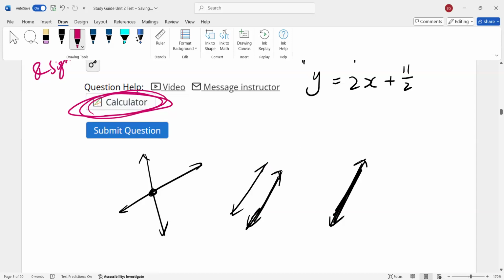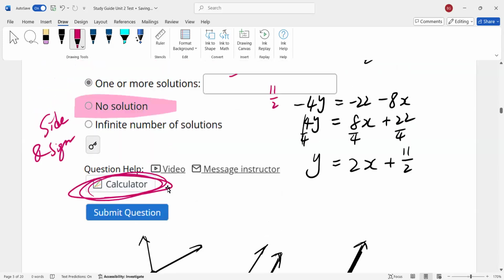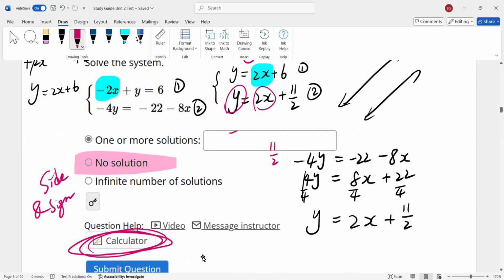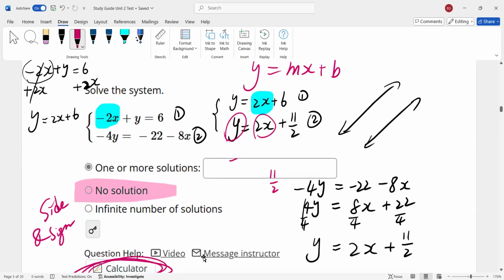If you see the two straight lines parallel, just choose no solution. If you see the two equations are actually the same equation, you only see one straight line, then infinitely many solutions. Use the calculator. I don't mind you taking advantage of whatever you have during the test. That will help.